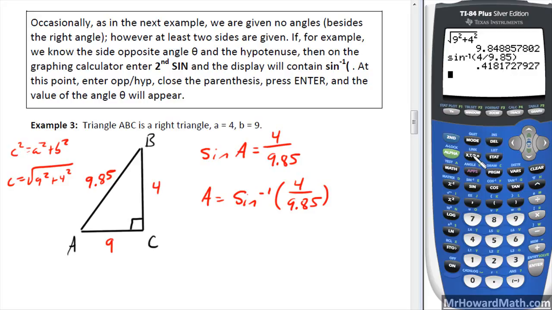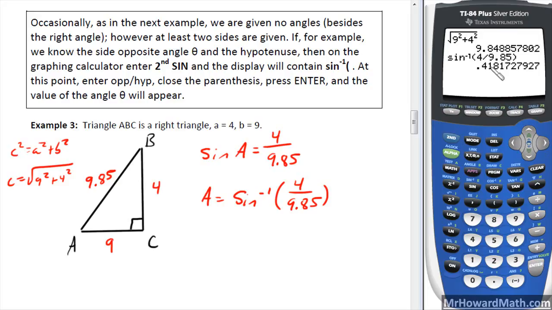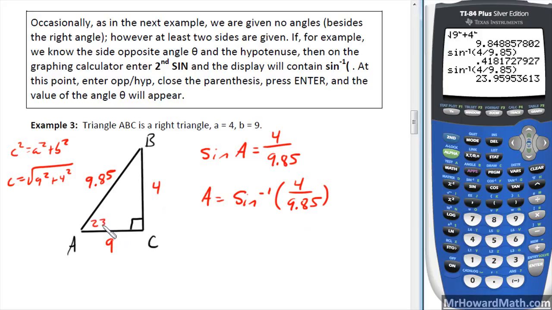That doesn't make any sense, right? So let's go in here to mode and get in the correct mode so that we're in degrees. If you get something that makes no sense, there's no way that angle is 0.418 degrees. Now reevaluate that in the proper mode, and we get 23.96. That makes a lot more sense. So always check your answers there.